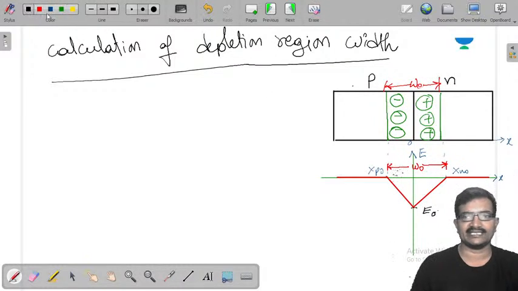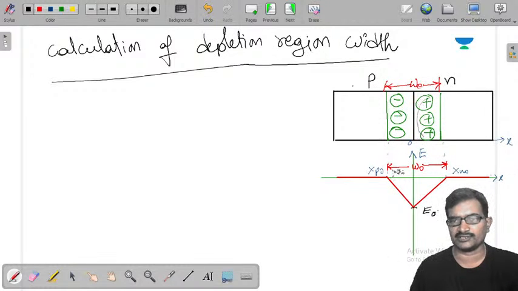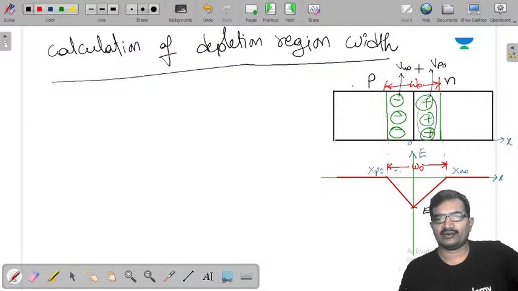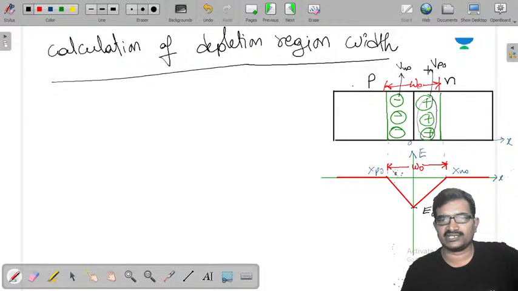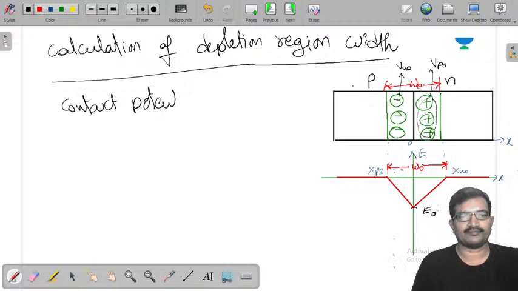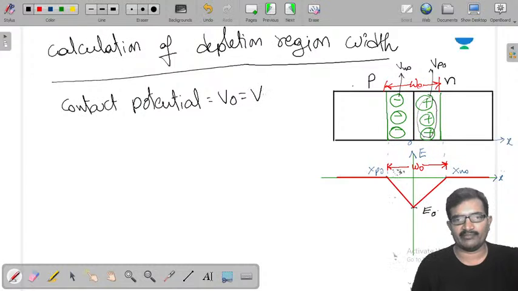See, whatever net charge you have here, the net positive charge here, it gives some potential Vp0, and it gives some potential Vn0. This is the P region and N region, both are in contact here. So due to this contact a potential difference takes place. That is called contact potential. Generally we call it V0 or VBI, built-in potential also.